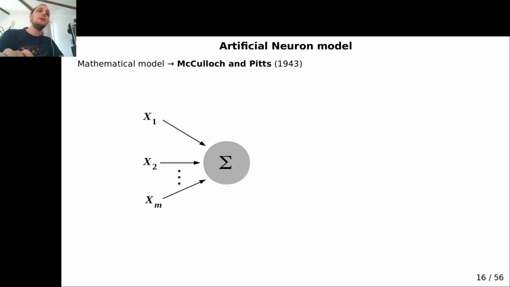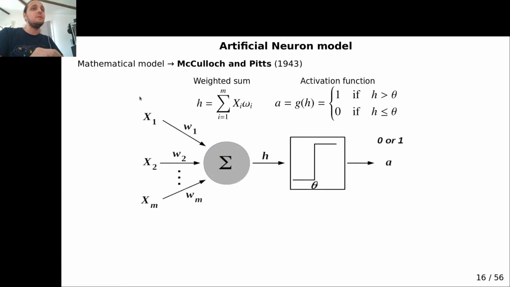This neuron takes as input what we call an input vector that will contain the different features or dimensions of a given object. The neuron will perform a weighted sum of this input vector using a weight vector. The result of this weighted sum will go through an activation function which will define the state of the neuron, which can be either 0 or 1.